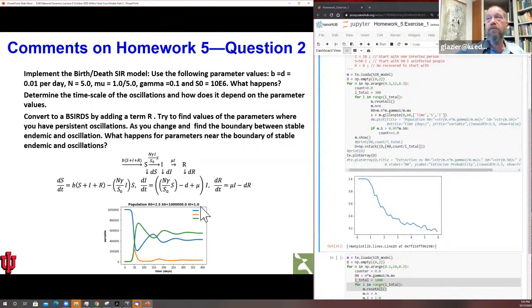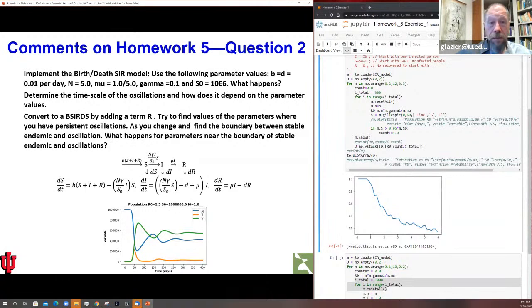Okay, the second problem was on the BSIRD model and the BSIRDS model. Some people had trouble writing those models and getting them to work.